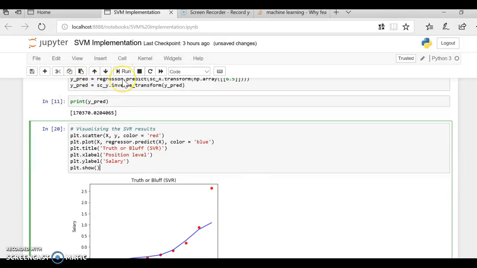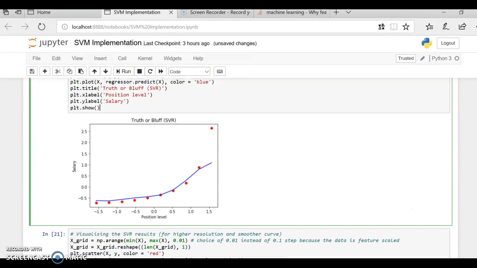Further, we are going to see whether the salary given by the employee for the position is a truth or bluff. As I see here, the SVM curve is good enough to separate the spots based on the output of the prediction.